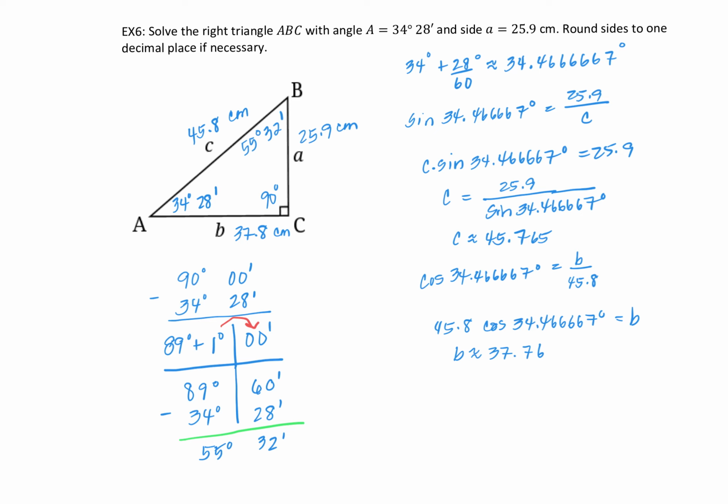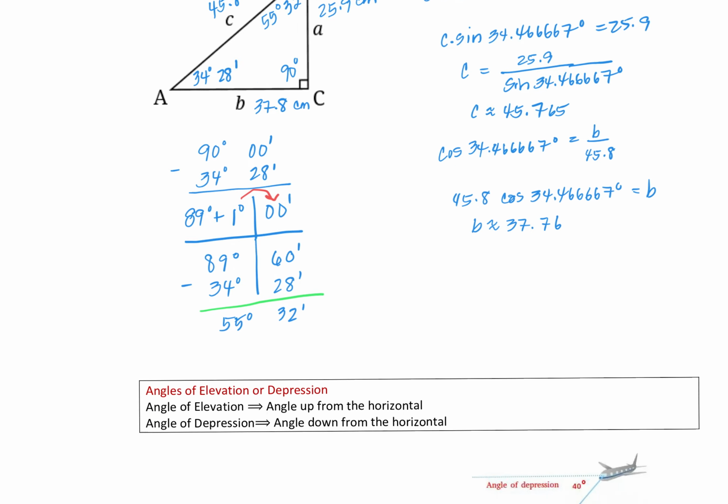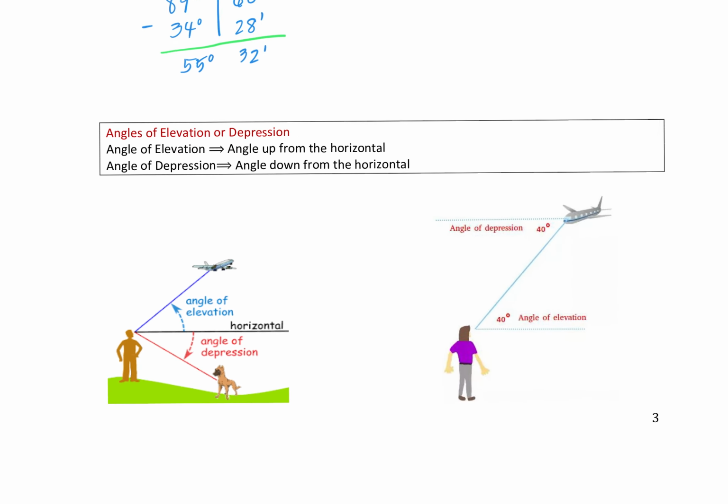Smallest angle is A, smallest side is side A. Largest angle is C, largest side is C, and then B is the middle. There might be a minor error with the rounding, but that should be close enough for accuracy.